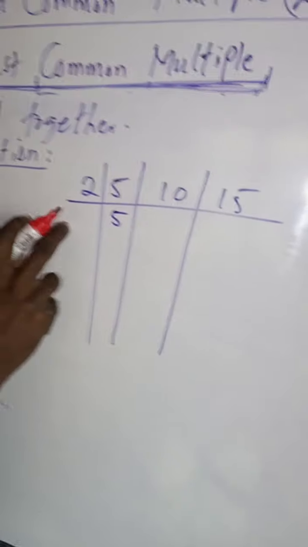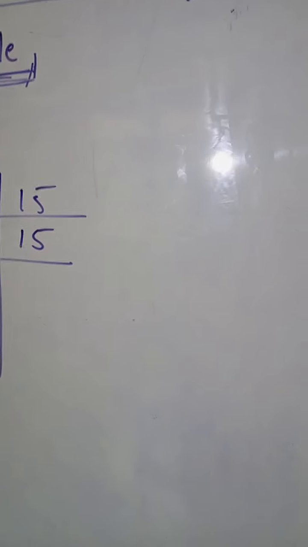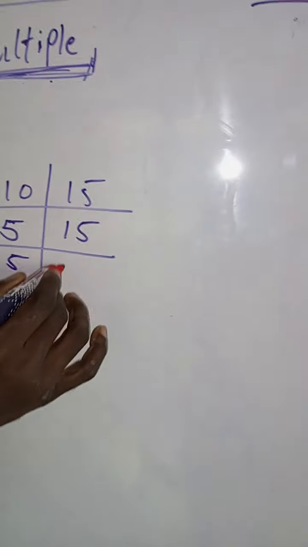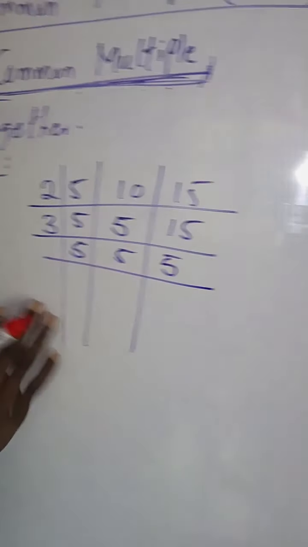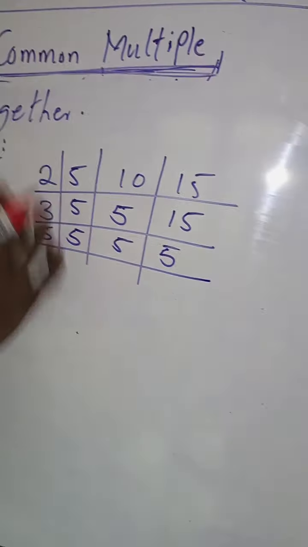But 5 remains. This will now be 5, then this will be 15. 2 cannot divide. Then I move to 3. 3 cannot divide 5, but can divide 15 to be 5. Then 5 can make division, and that would be 1, 1, 1.